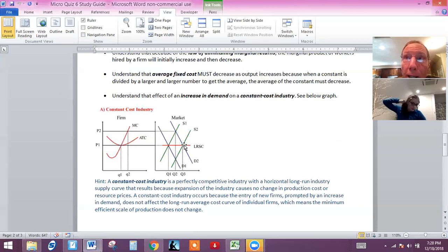That's assuming that no matter how many pizzerias open up, the rent for the space and the ingredients and the workers are going to be the same cost, so that eventually the cost is the same when the supply curve shifts out far enough so that the price does not change. So even though there is an increase in demand, in the long run, in a constant cost industry, price does not change. Okay?